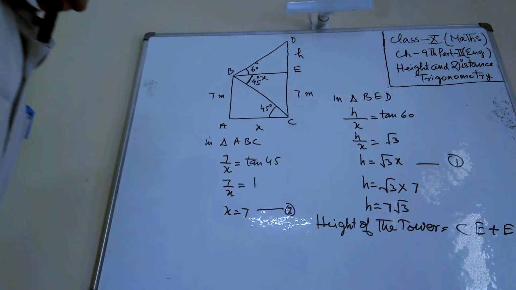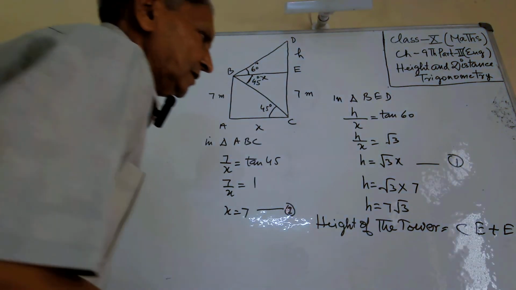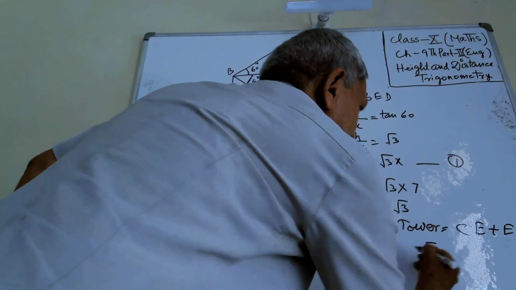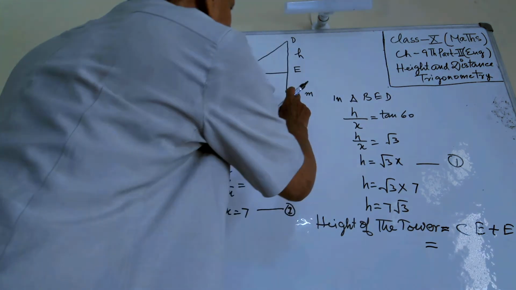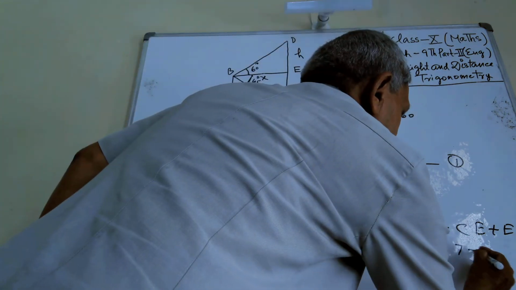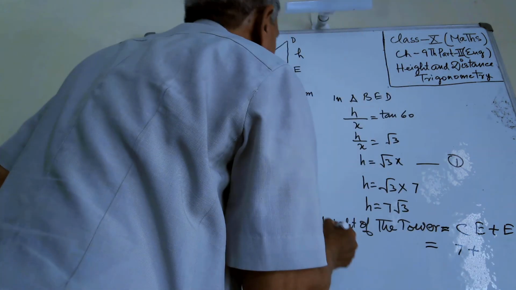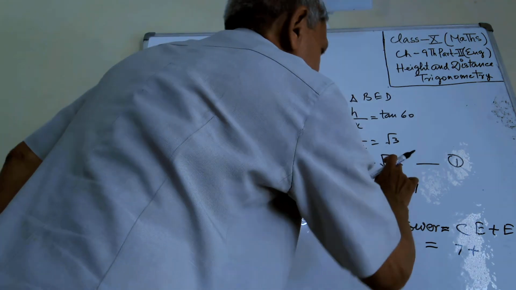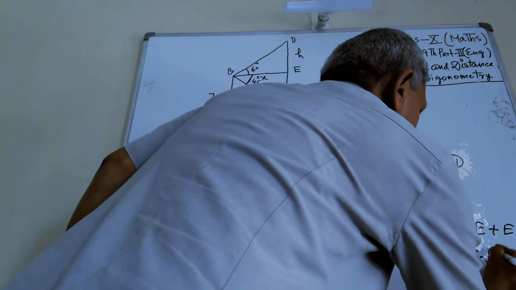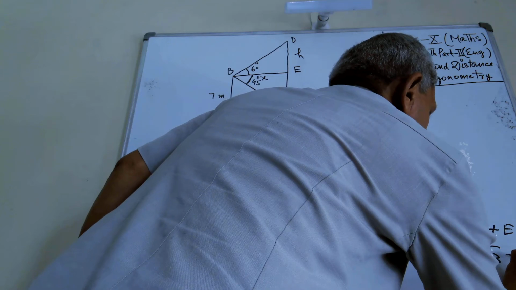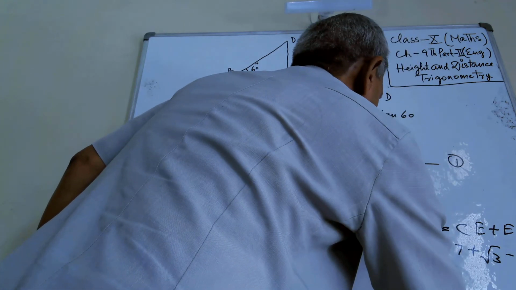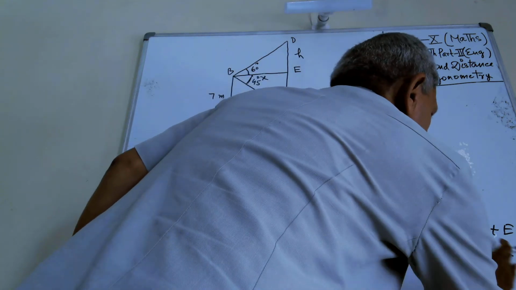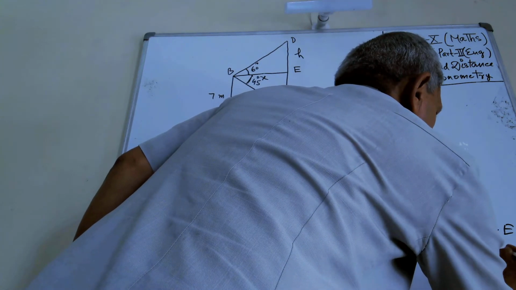CE is 7, plus ED, that is h, which is 7 root 3.